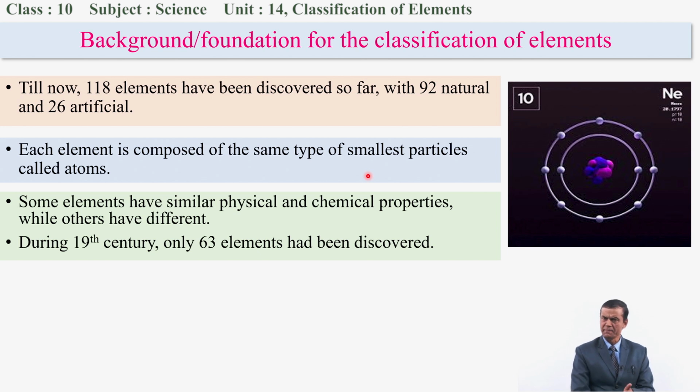Similarly, some of the metals have similar chemical properties, like lithium, sodium, potassium, so they are placed in a single group. Non-metals like fluorine, chlorine, bromine, iodine have close characteristics to each other, similar properties. Because of that, they are placed in one group, isn't it? So during the 19th century, only 63 elements had been discovered.